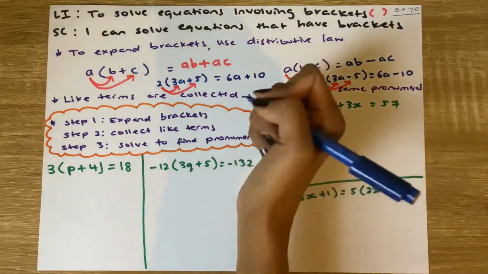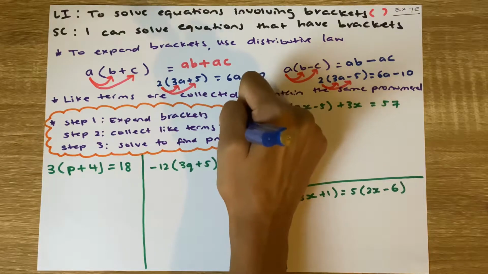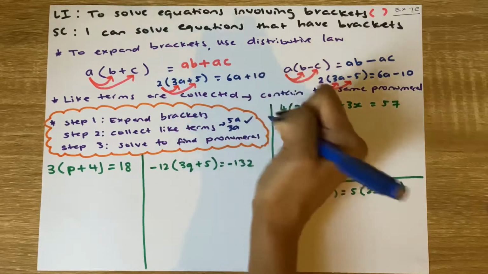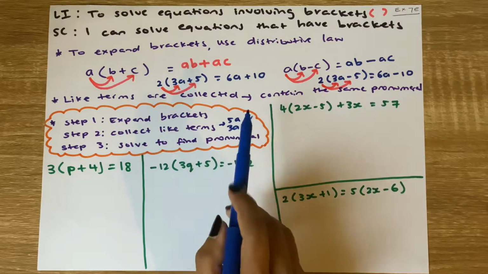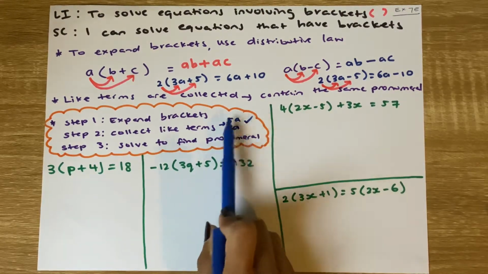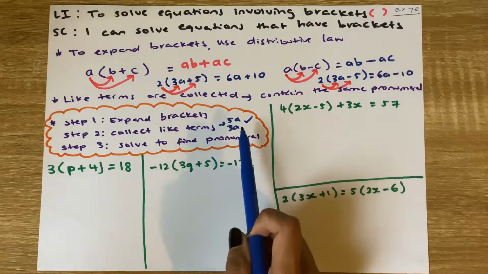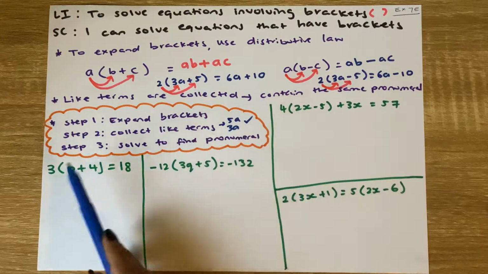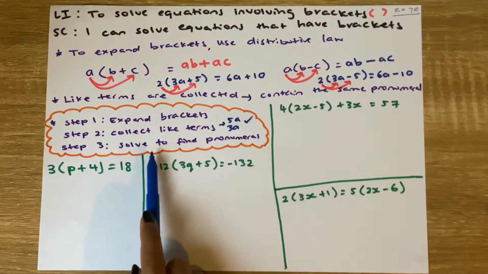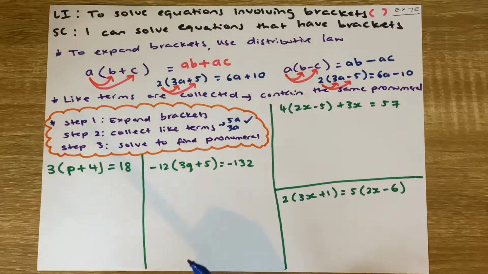So something like 5A and 3A would be like terms because they both contain the letter A, okay? So if I was to collect those like terms, that would be 5A plus 3A, which is going to be 8A. And then our final step is to solve to find our pronumeral. So algebraically solve, which is what we've been doing in our last few lessons.